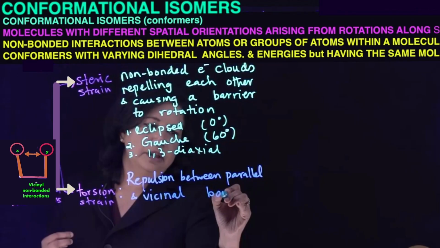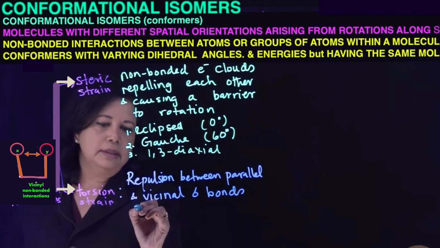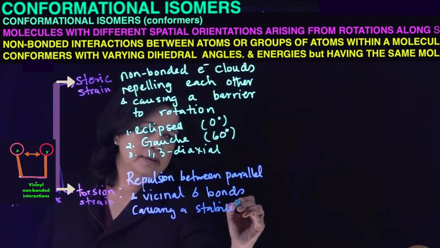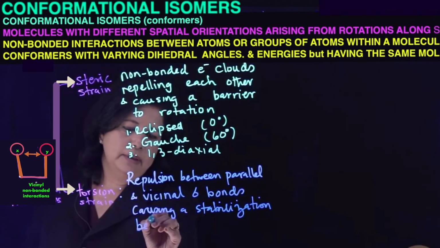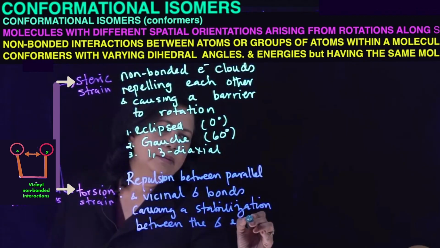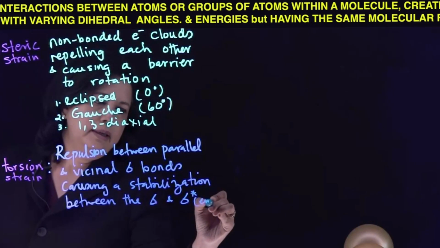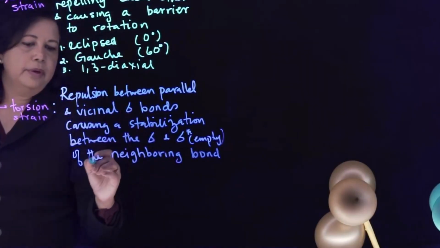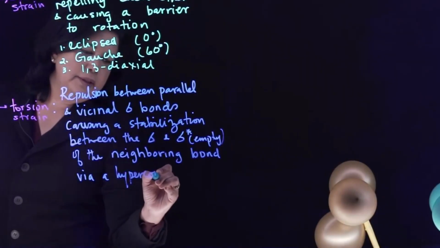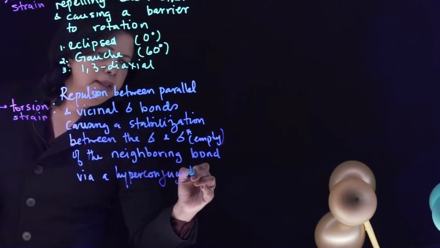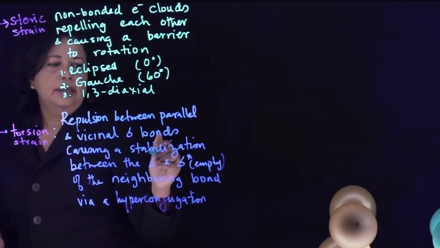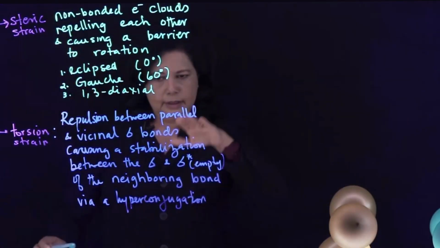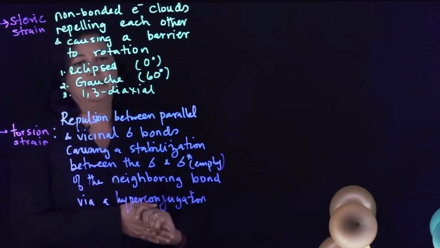In this case, we're going to talk mainly about sigma bonds causing a staggered orientation, with stabilization between the sigma and the sigma star empty of the neighboring bond. This is a type of hyperconjugation. Now later on you'll talk about HOMO and LUMO, and how the filled is HOMO and this is LUMO, and you have a stabilization there. But for right now, don't worry about that.